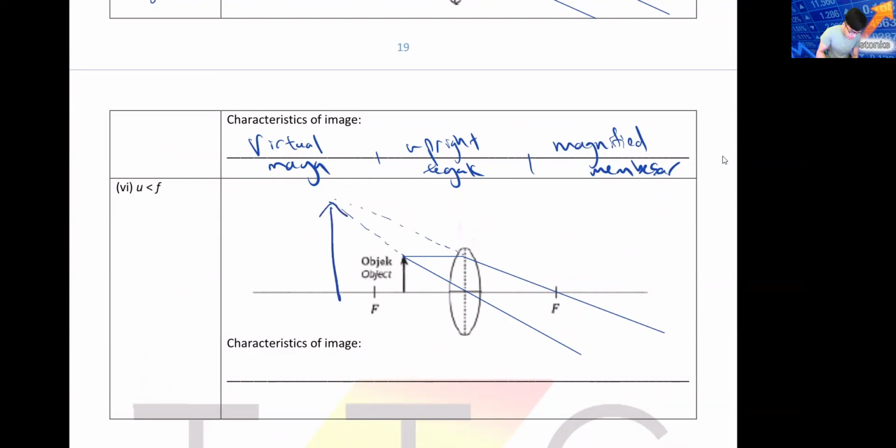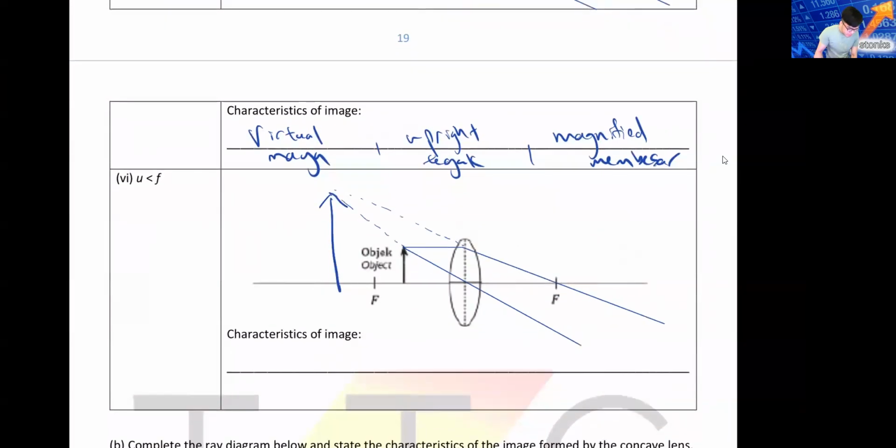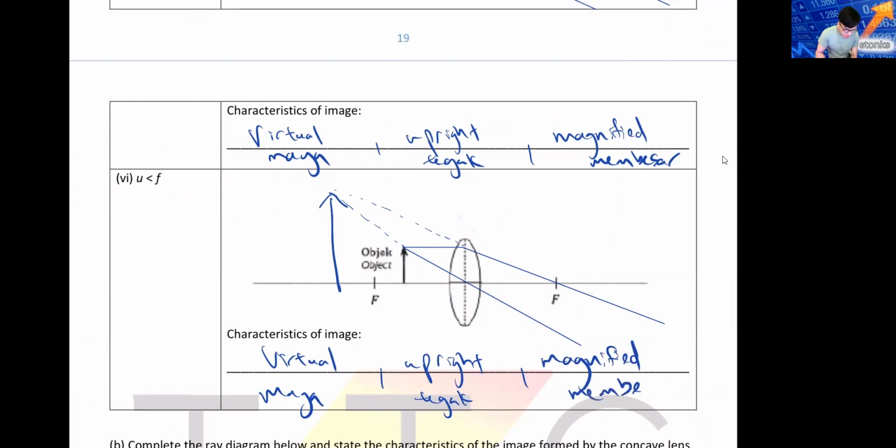So your image is here. Screen is here. Anything on the screen? No. Virtual again. And then this is upright again. Tegak. And this becomes magnified, like your magnifying glass.